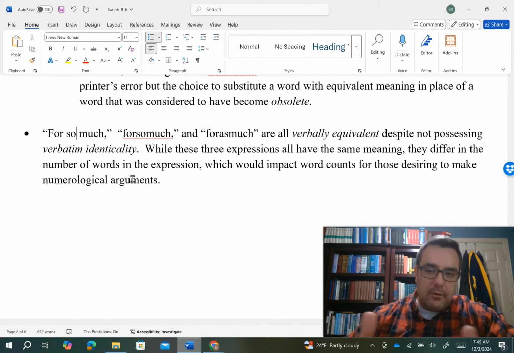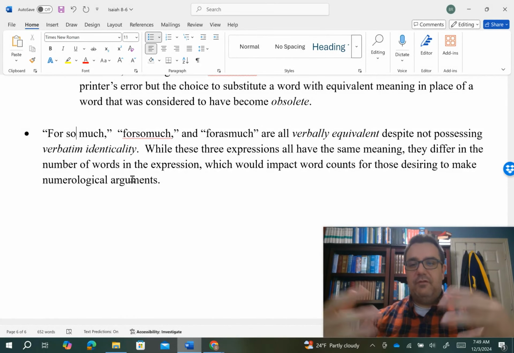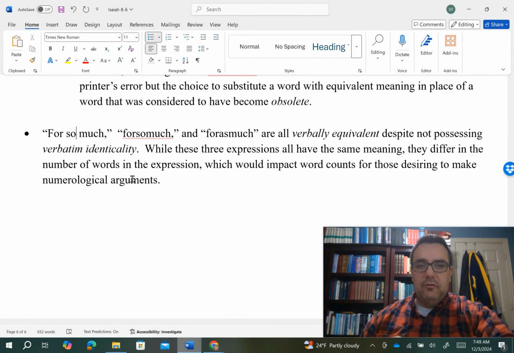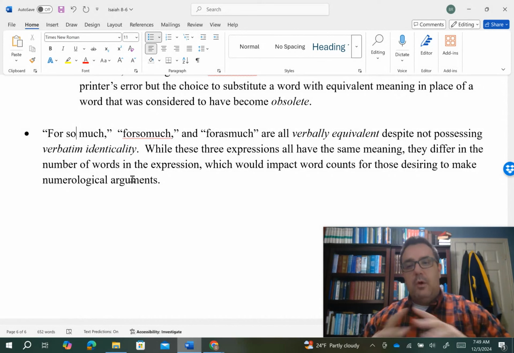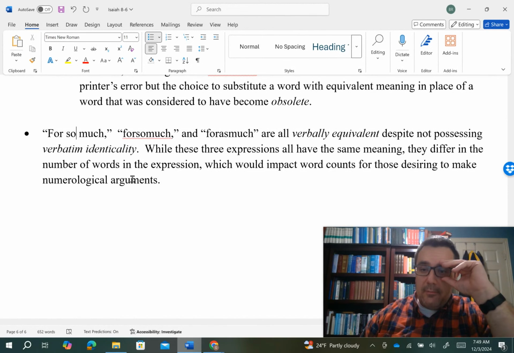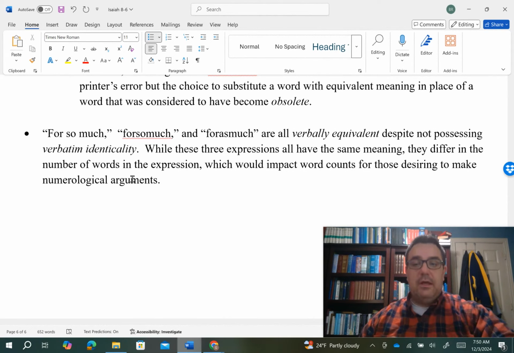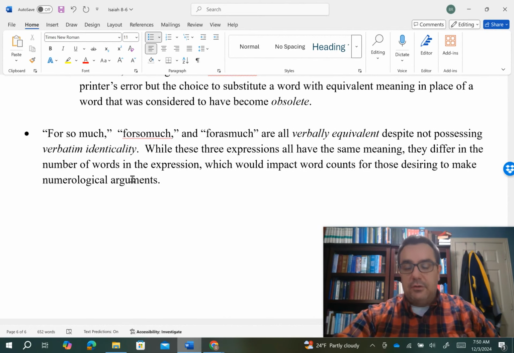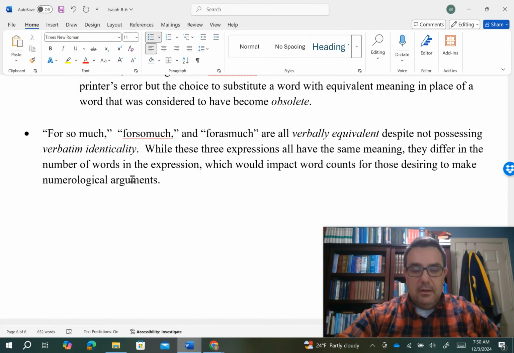And if the numbers don't add up in every edition of a King James Bible, then how do we know that this is sufficient validation for the King James Bible in the way and manner that those making numerological arguments are asserting? So those are a couple of my thoughts regarding number one, verbatim identicality and verbal equivalence, as well as the printed history of the King James text, as well as some of the numerological arguments being advanced in our current time in the pro-King James space.